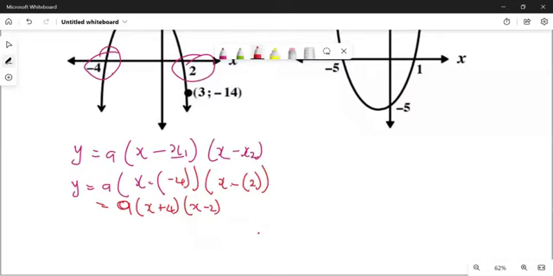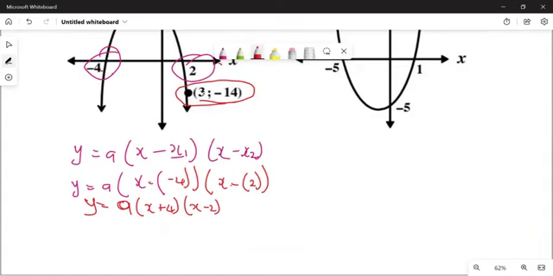So we are here, and there's something still missing. We don't know what a is. How are we going to get a? We're going to get a using whatever point is given. The point that has been given is 3 and -14.